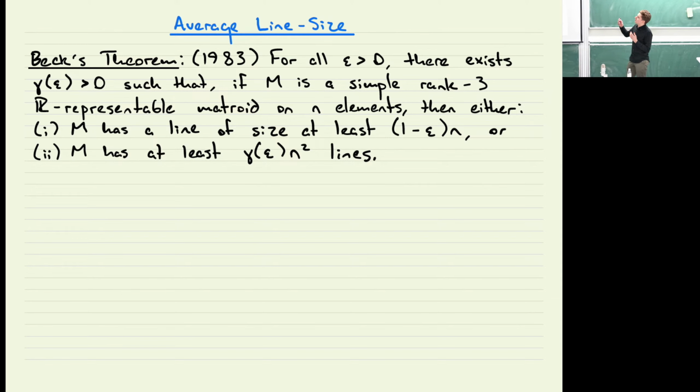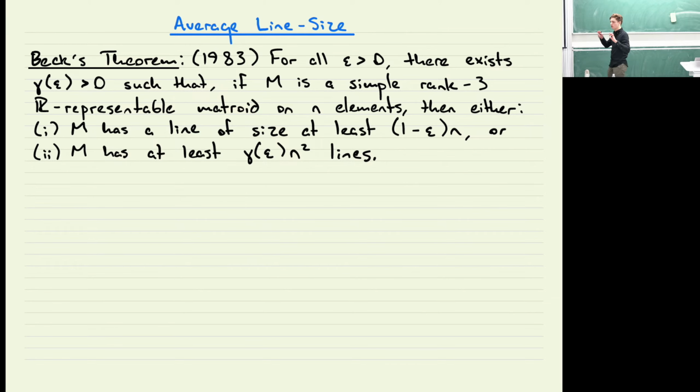But how are we going to use this for this average problem? Bounding the average size of lines in your matroid is equivalent to showing that the number of lines in your matroid and the aggregate size of the lines in your matroid are within a constant multiple of each other.